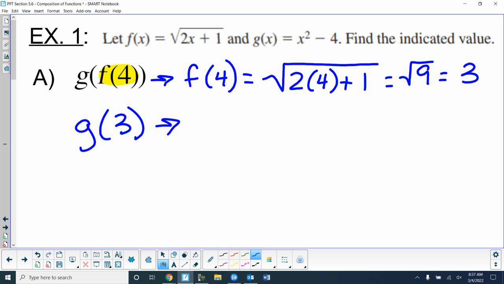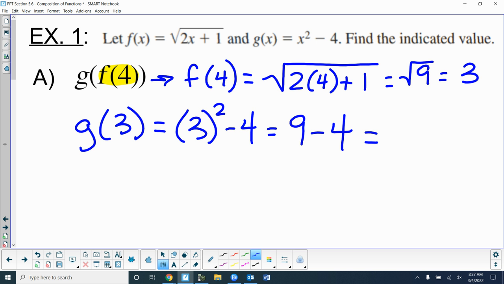We use that 3 in the g function. So over here, x squared minus 4, which is 9 minus 4. So the answer is 5. So the answer to that problem, that composition of two functions, is 5.